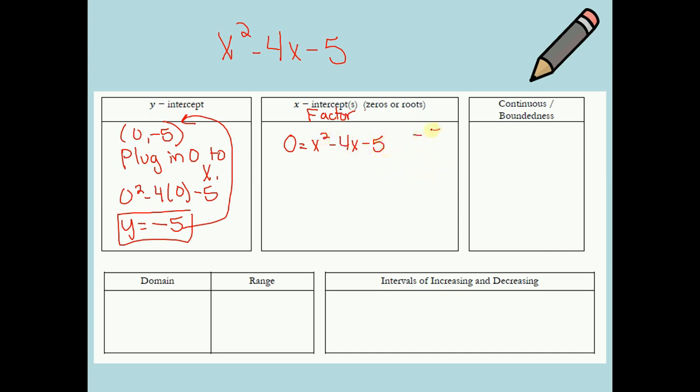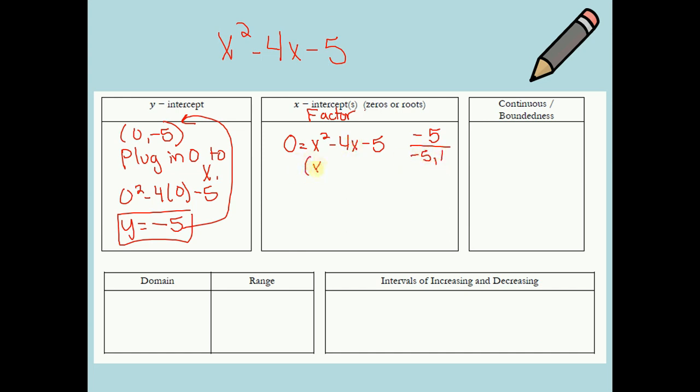Looks factorable. A times c will give me negative 5. So I need two numbers that multiply to give negative 5, but add to give negative 4. Well, 5 and 1. Oh, negative 5 and positive 1. That'll give me a negative 4, right?